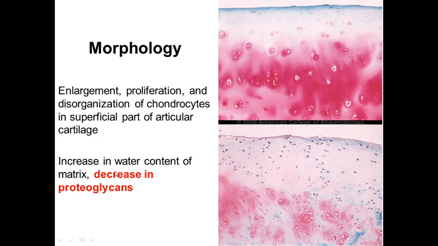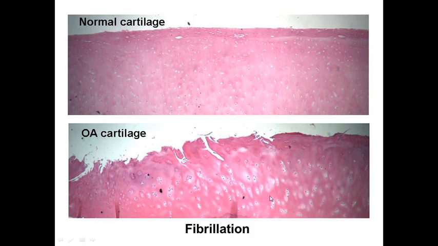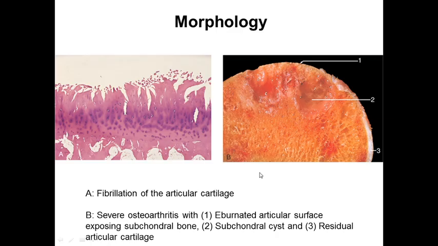We determine the enlargement, proliferation, and disorganization of chondrocytes in the superficial part of articular cartilage, increasing water content of the matrix, and decreasing proteoglycans. You also see normal cartilage and damaged cartilage in arthrosis.